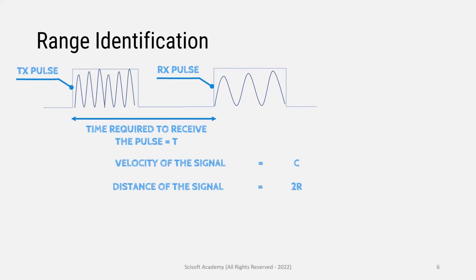Since the time required to receive the pulse back is t, we know the distance is speed times time. In our case we need the velocity, so velocity c is the total distance 2R divided by the time t. So if you want to calculate the range of the target, then the range R is going to be c times t divided by 2. This is a straightforward calculation.